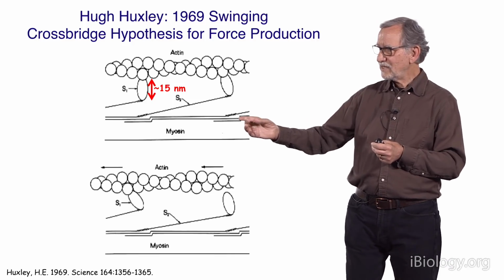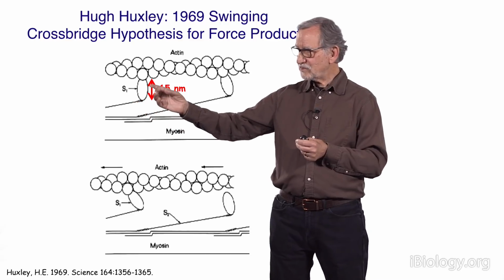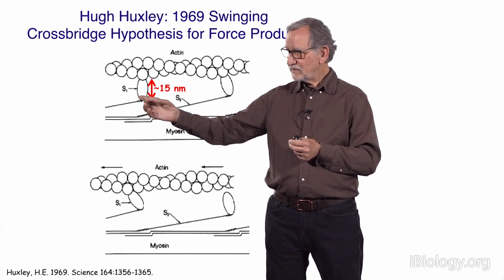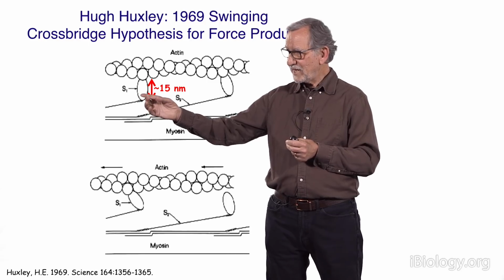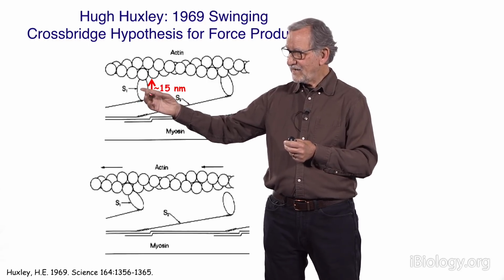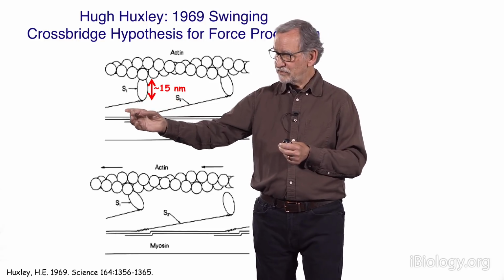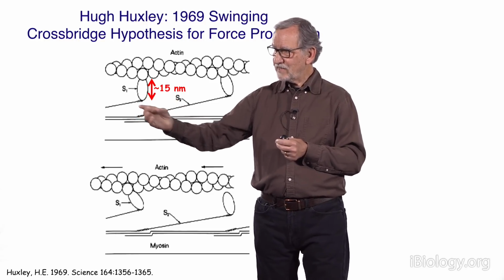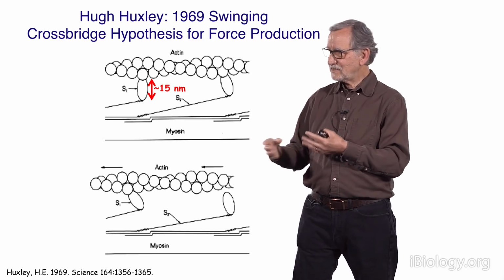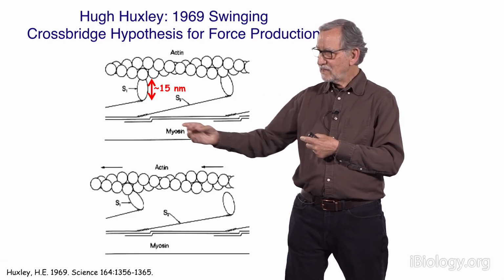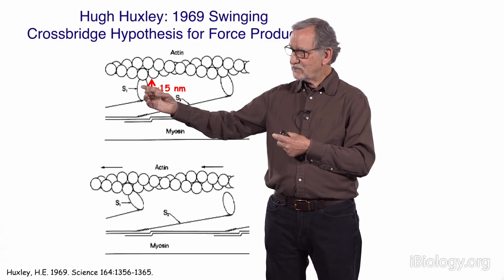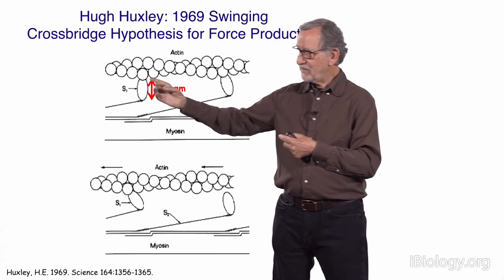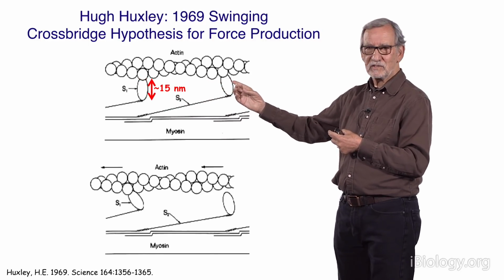And his view was that the head of the myosin molecule, and we're going to look at myosin in more detail in a subsequent lecture, but the myosin has a head and a long coiled tail, and the far end of the coiled tail is assembling into these thick filaments. But that head, which is only about 15 nanometers long, by his swinging cross-bridge hypothesis, binds to an actin filament and then undergoes a rotation.